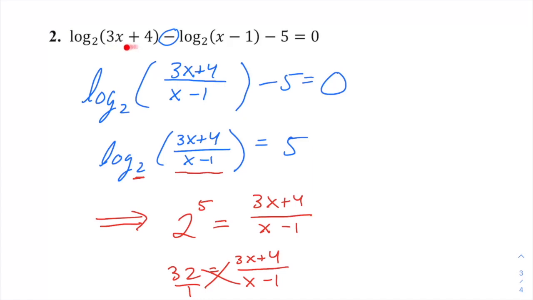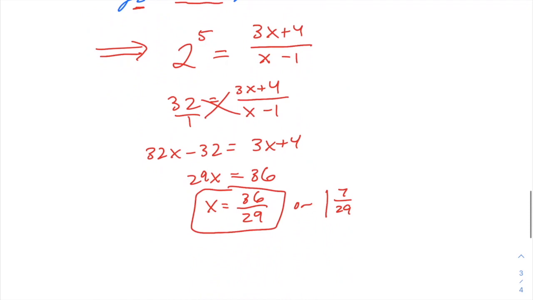And of course, if you plug 1 7/29 into here, multiplying by 3, adding 4, that's going to be positive. So you're good there. If you plug it in here, 1 7/29 minus 1 is still positive. It's 7/29. So it's good here as well. It doesn't make either of these logs undefined. Then we're happy. That's our final solution. It checks out.